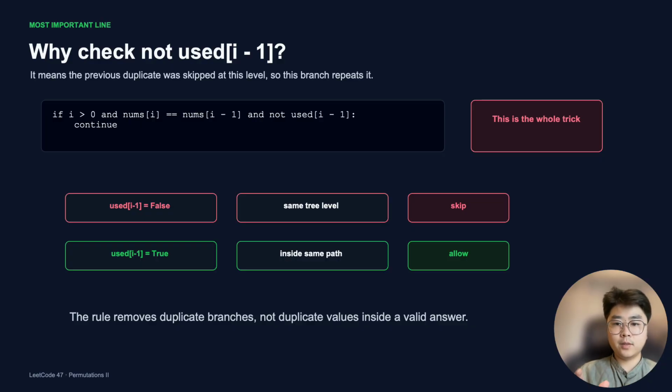However, when the previous duplicate is already used inside the current path, the choice is valid. For example, the permutation 1, 1, 2 must still be allowed. So the rule does not forbid duplicate values, it forbids duplicate beginnings.